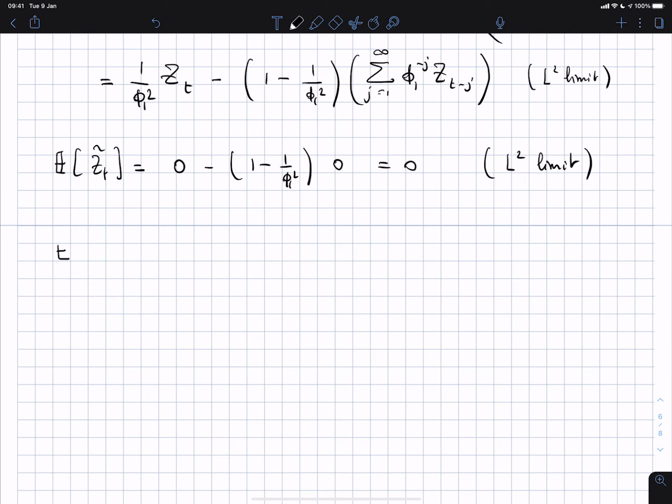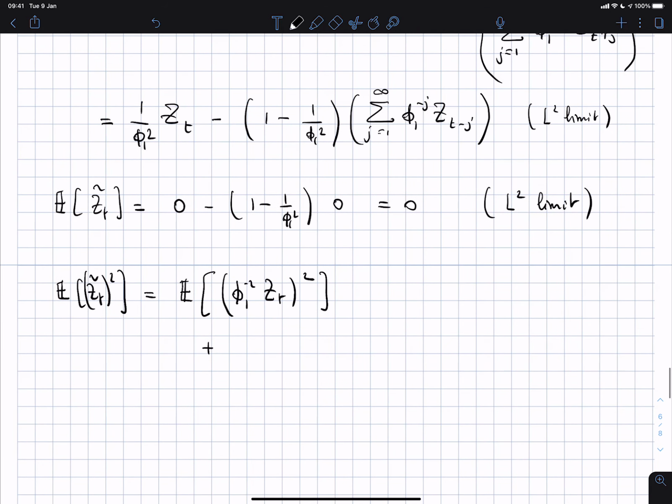And if I look at the expectation of z_t tilde squared, I have what? Well, I have this, so I have phi 1 to the power minus 2 z_t squared plus, if you authorize me, I'll just put it in the same way as it's in the slides.